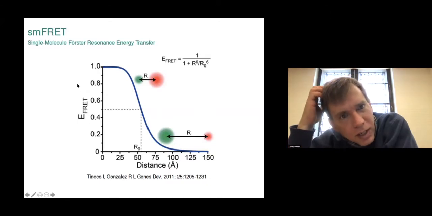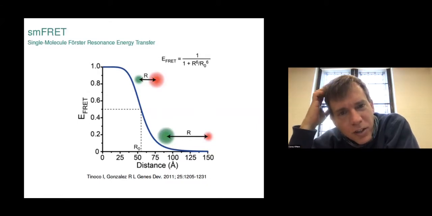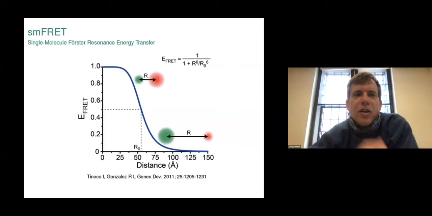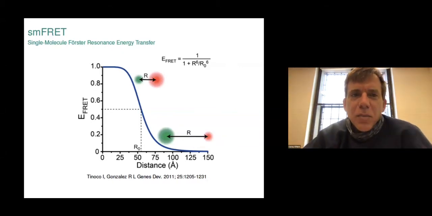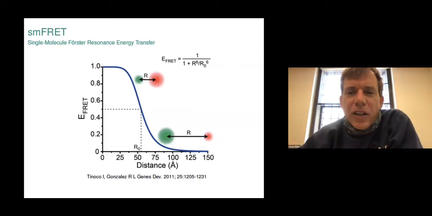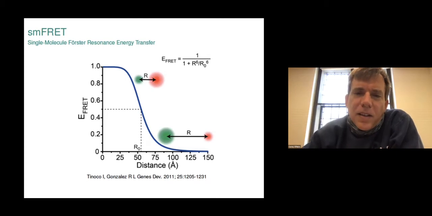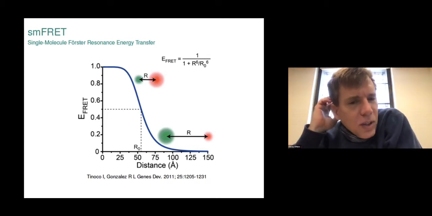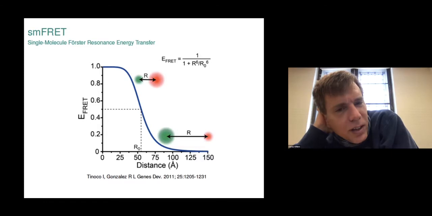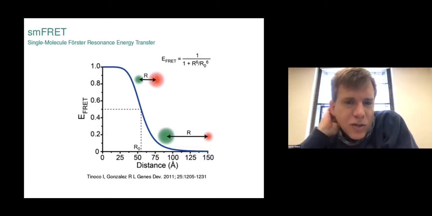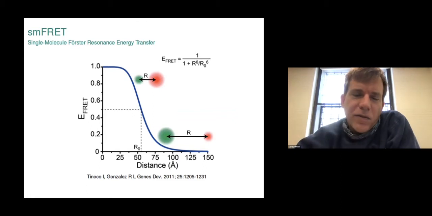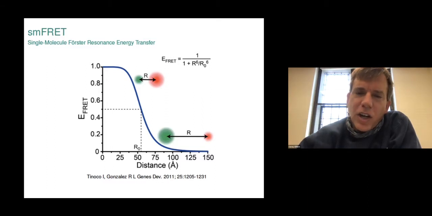A common technique experimentally for understanding structure is what's called SM-FRET, or single molecule Forster resonance energy transfer. This technique allows you to determine the distance between different residues by using a pair of fluorophores. What you can do is shine a laser on the system.